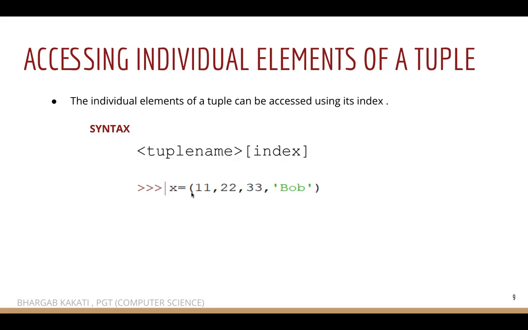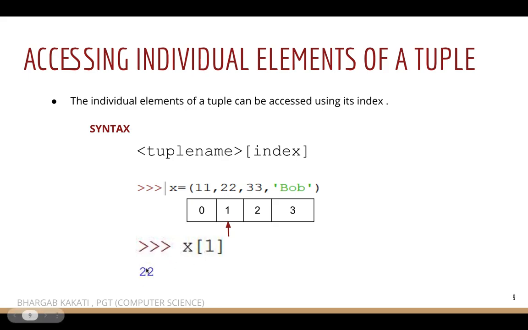For example, let's say x = 11, 22, 33 and Bob. This is how the forward indexing is done. It will automatically be done. Now if I want to see what is located at index 1, I can do it like this, x[1]. It will return the value 22. So this is how individual elements can be accessed.